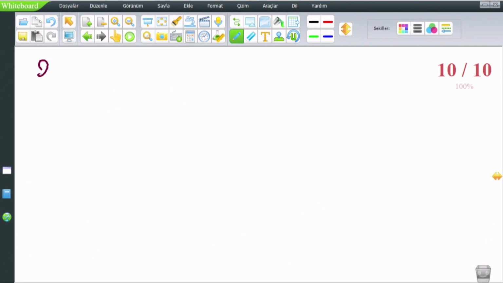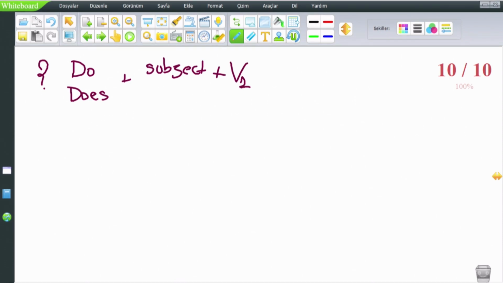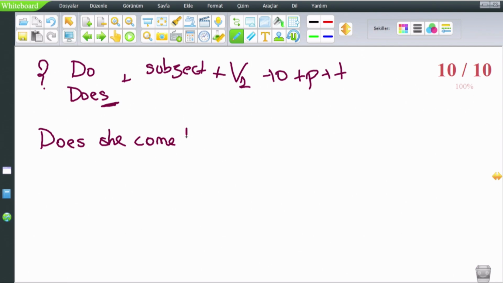What about the question form? We take do and does into the beginning of the sentence. Then our subject of the sentence, again, verb 1, no s this time either because it is again on does, object, place, time, etc. Does she come here often?